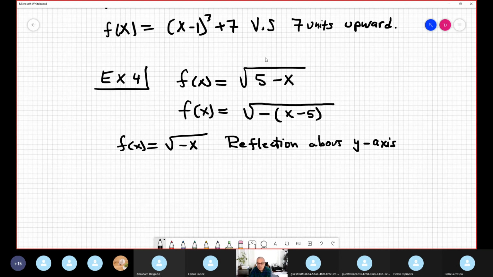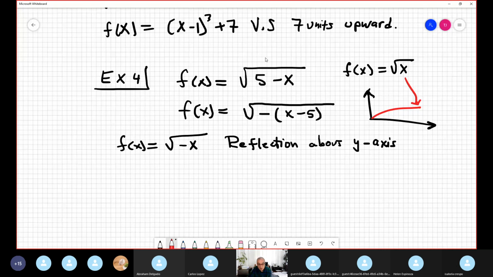So I know that my original basic function is f of x equals square root of x. So I have some idea what it looks like, like that. This is the square root. So we are doing the reflection. The reflection is like that, in that direction. A perfect reflection.